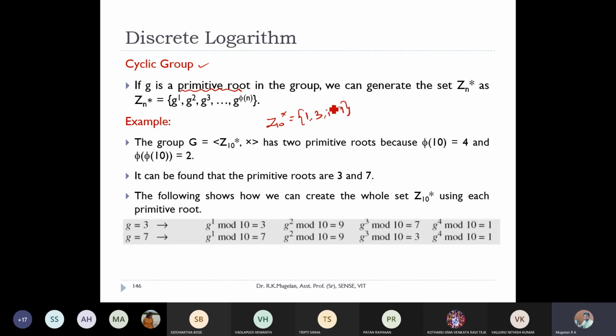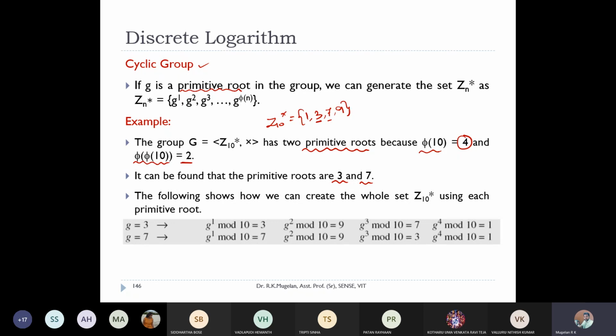If you remember properly, among these four elements, the elements 3 and 7 will be primitive roots of this group. The number of elements in this group, by the order of the group phi of 10, is 4. And phi of phi of 10 tells me how many primitive roots there are. So we have two primitive root values, 3 and 7.